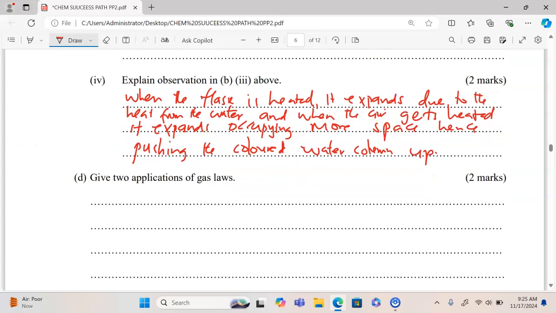Then D, we are supposed to give two applications of gas laws. Gas laws can be applied in very many areas, including in vehicle tires. We also have an application on hot air balloons.